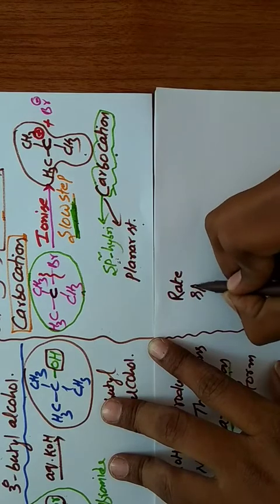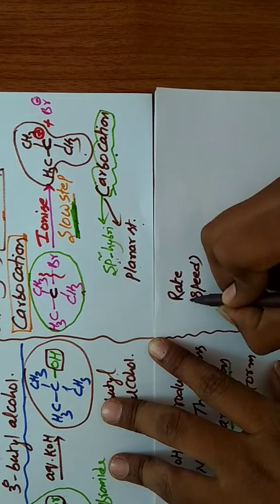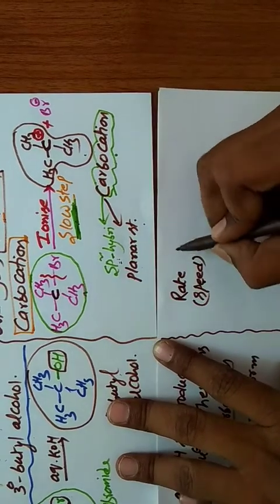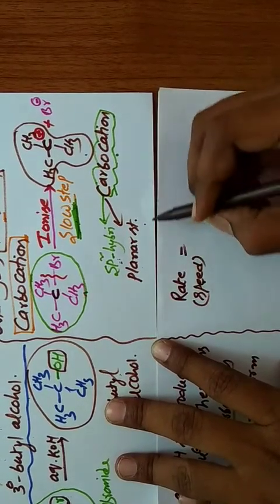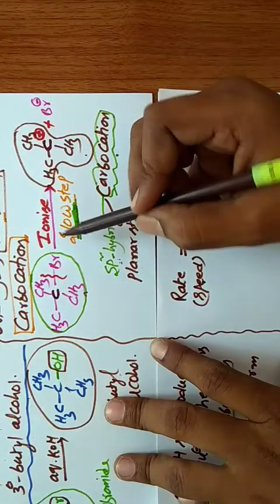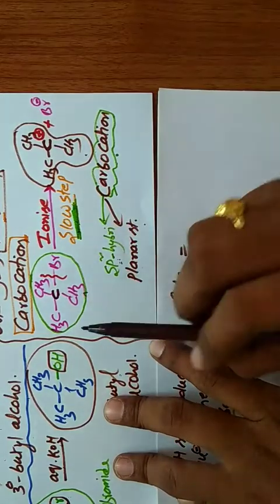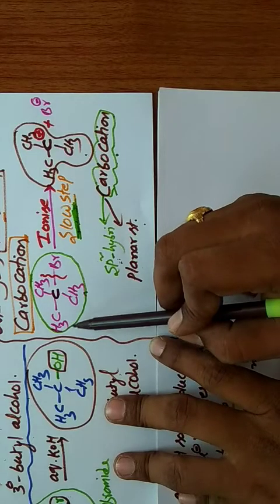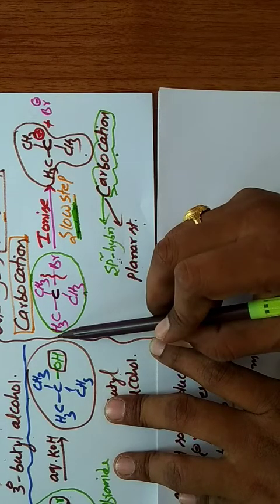In chemical terminology, rate depends upon the slow step mechanism. In this slow step, how many molecules, how many moles of molecules are involved? Only one molecule, that is the reactant. So that is K, concentration of reactant.